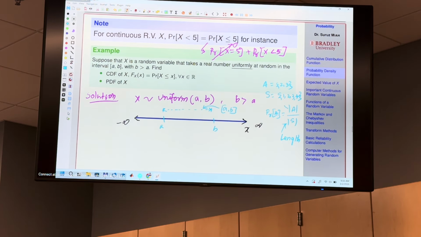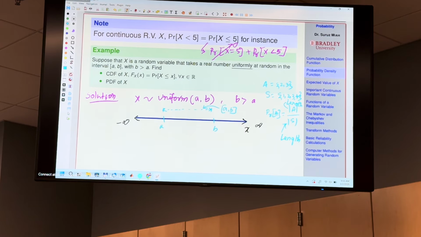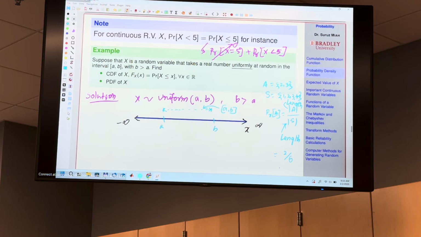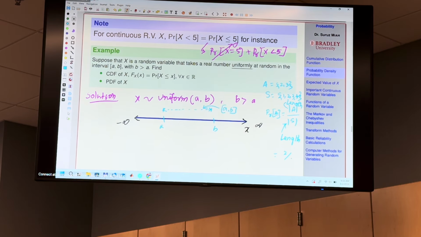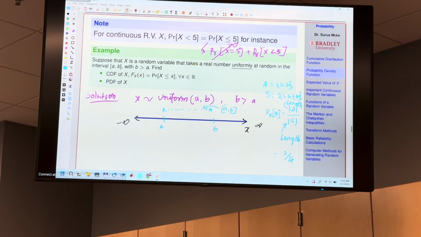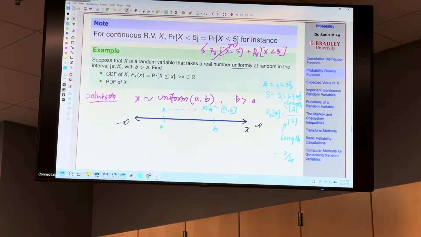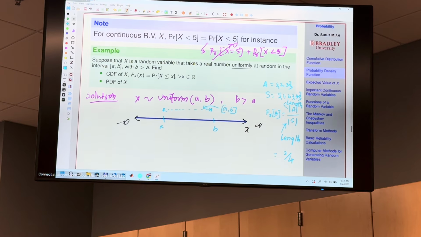You practiced already: 2 over 4. There are 4 elements, so we could count the number of elements. Here in continuous random variable, we cannot simply count how many points.